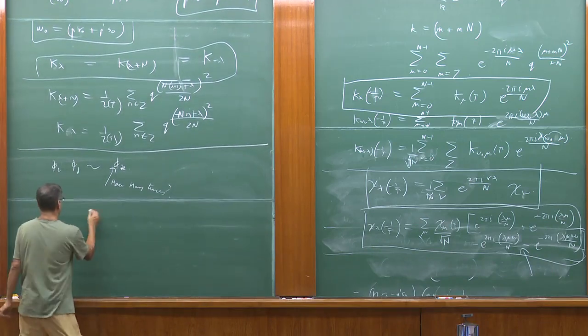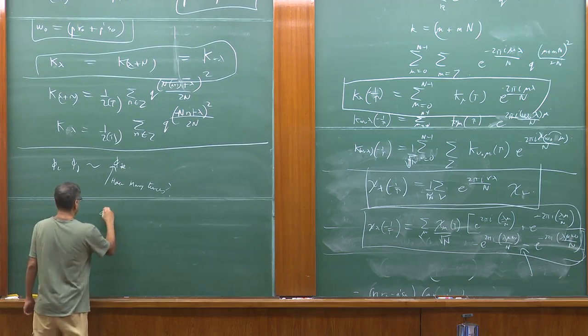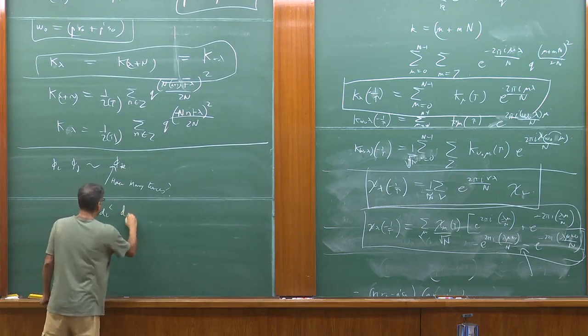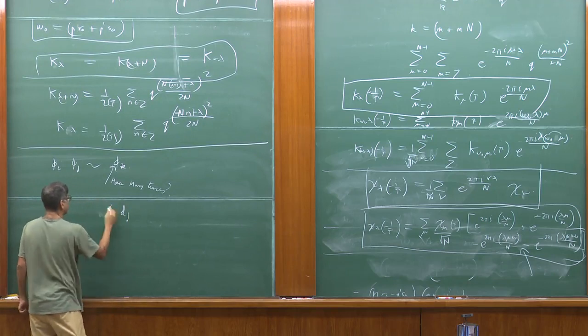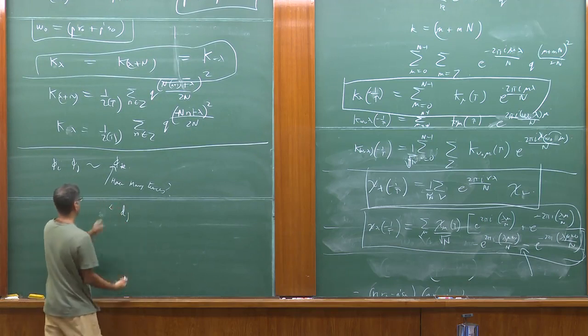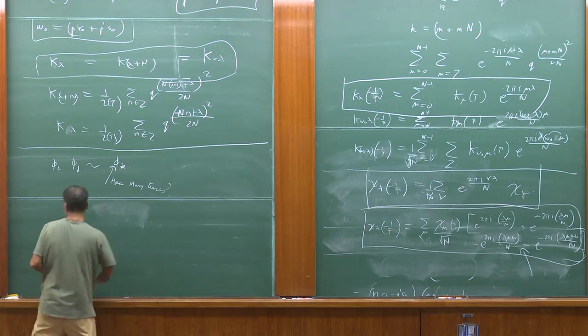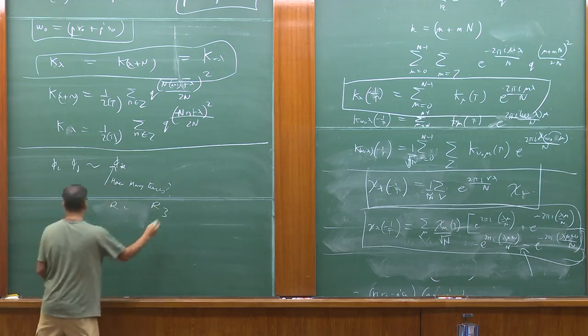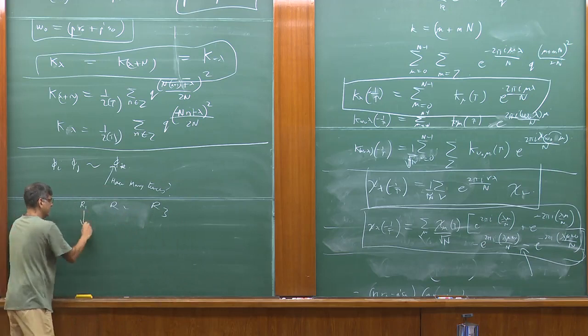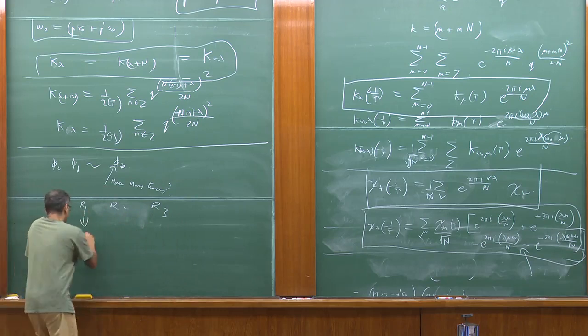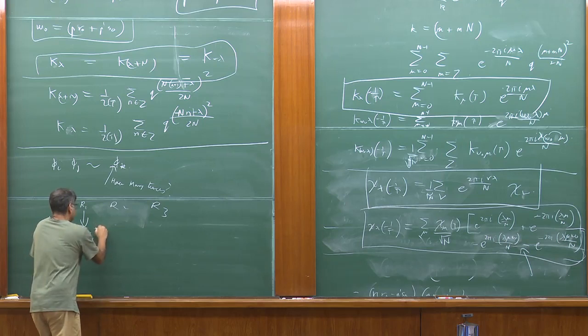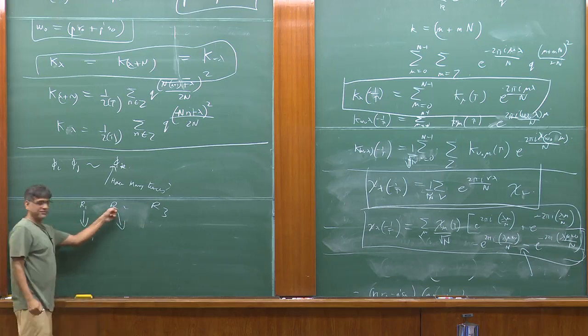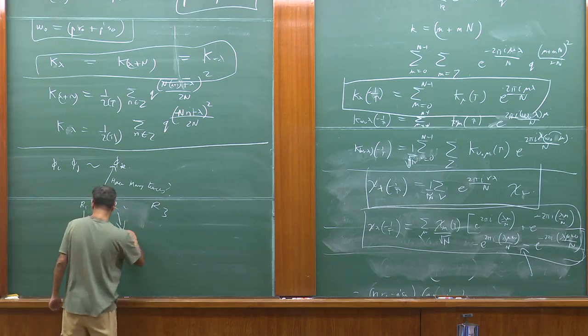Okay. So suppose I've got some representations R1, R2, R3. The vector indices of representation R1 are chi1 alpha, and the indices of R2 are chi2 beta.